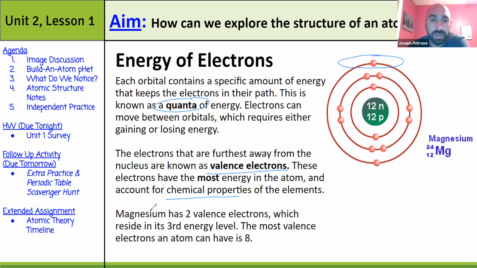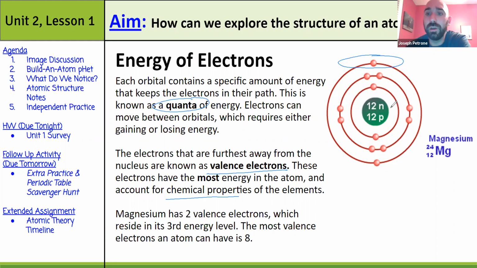Now, just to reiterate, magnesium has 2 valence electrons, and they reside in the 3rd energy level, or the final energy level. The most valence electrons an atom can have is 8, and that is known as a stable valence shell. So that is the one with the least energy within it. And then we can tell this by looking at the Bohr model.